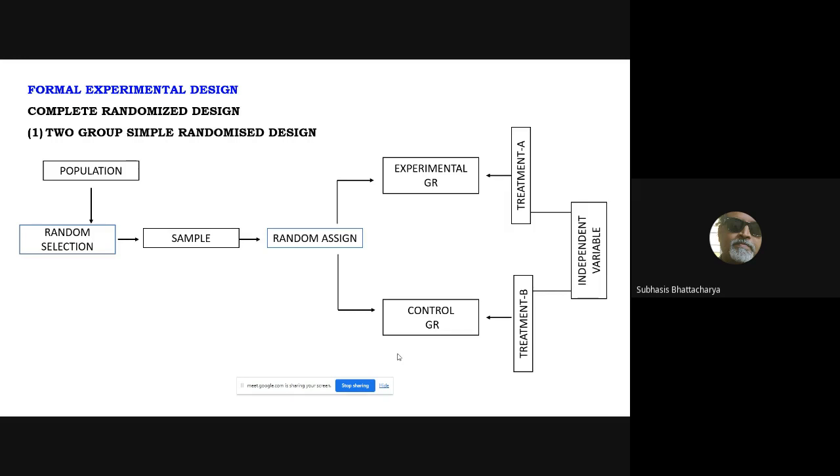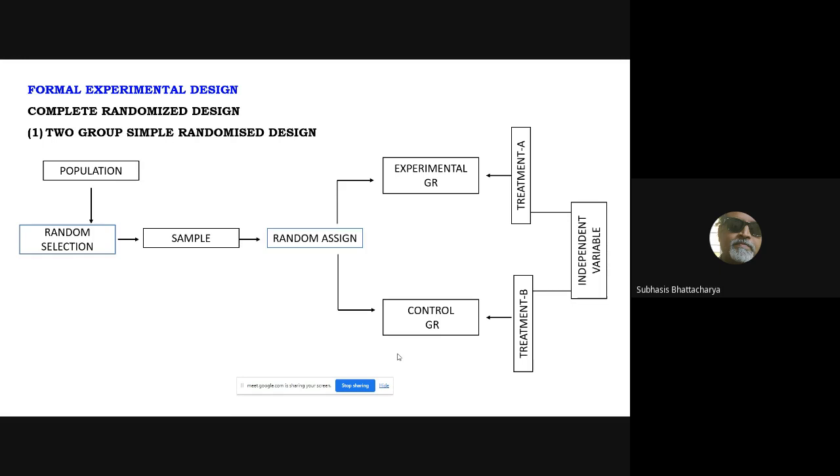Then the items selected randomly from the population are randomly assigned to the experimental group and the control group. Such random assignment of items to two groups is technically described as the principle of randomization. This division by random assignment into the experimental and the control group is called the principle of randomization.